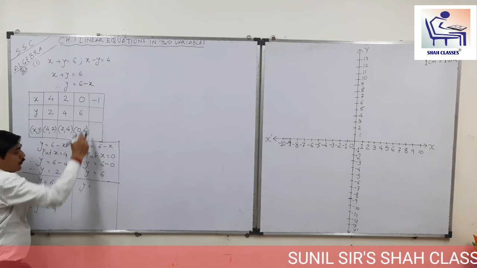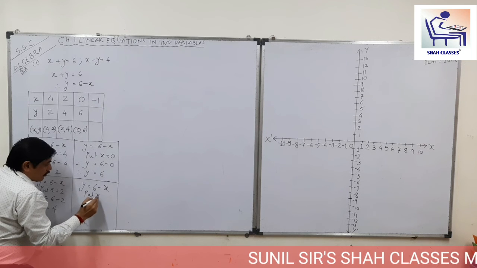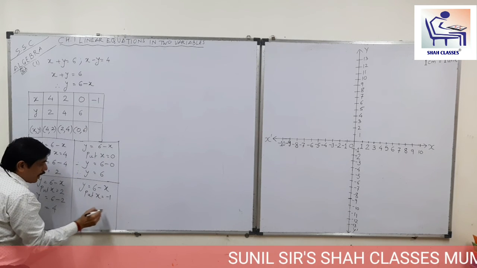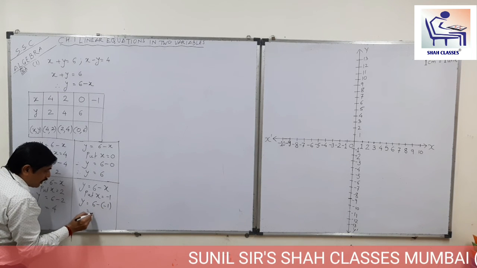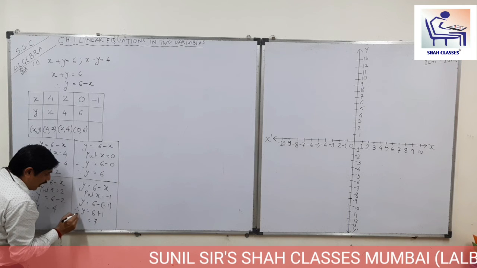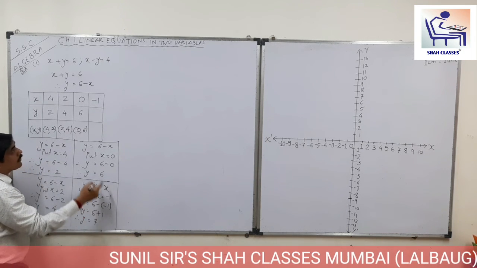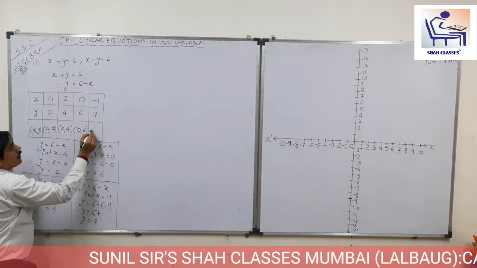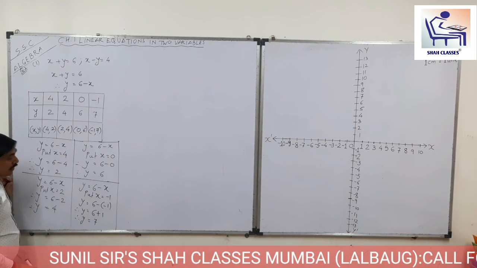Once again, now for the fourth value of x, put x is equal to minus 1. So y is equal to 6 minus minus 1. So 6 plus 1, we got the value of y as 7 when we take the value of x as minus 1. So here we got the value as minus 1, 7.